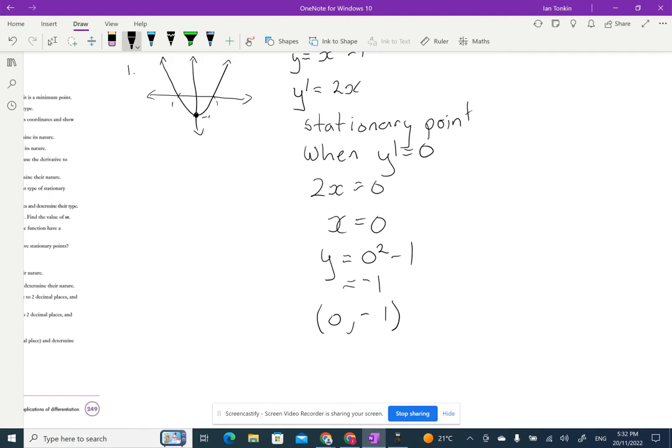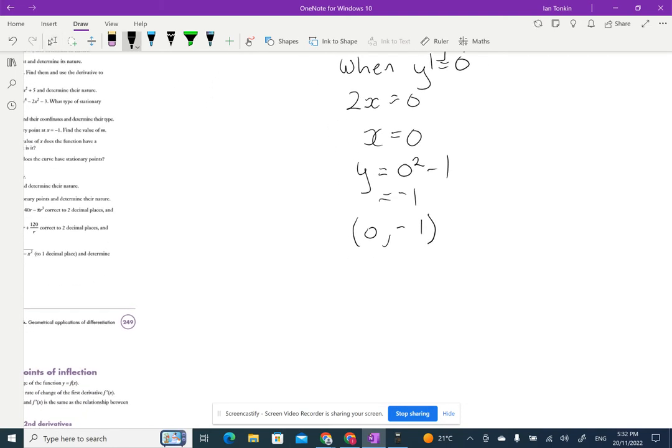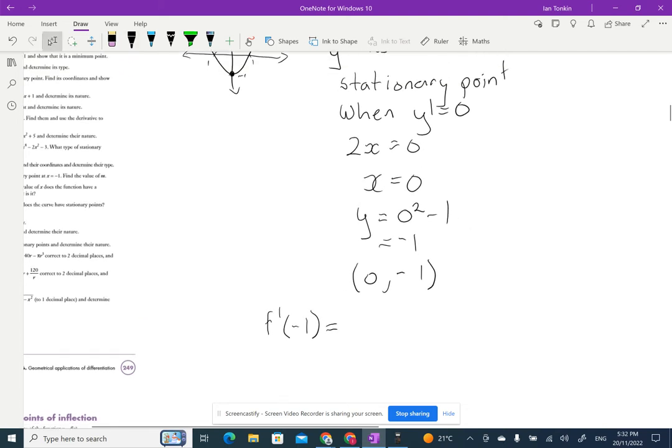Now I have to determine the nature. Well, I'm going to go f dash a little bit to the left, f dash of minus 1. Now remember, f dash is 2x. 2 times minus 1 is negative 2, which is less than 0. Then I'm going to go a little bit to the right of that x value, so f dash of 1.